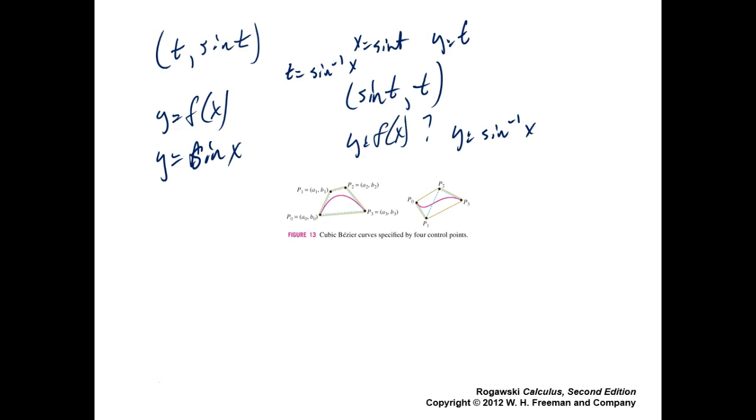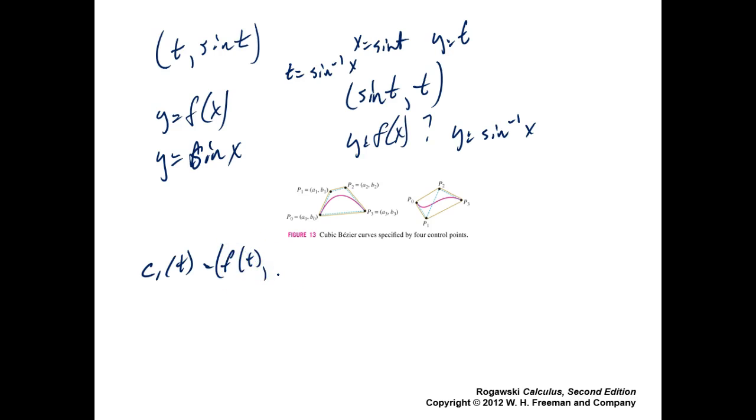Let's look at number 5, the A part. Describe the path of an ant that is crawling along the plane according to, here's the ant's path or curve, C1 of t is equal to, it's a clever ant, f of t, f of t.